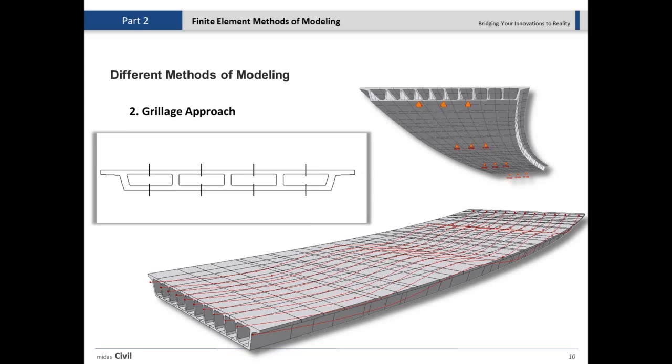Here we have wide multi-cell boxes, and we have to use a method so-called grillage approach, where we have to discretize this section into smaller pieces. If you can imagine, this is going to be one piece of beam here, one I shape here, I shape here, I shape here, and then another irregular shape as a beam element here.